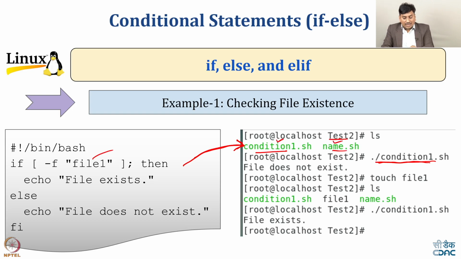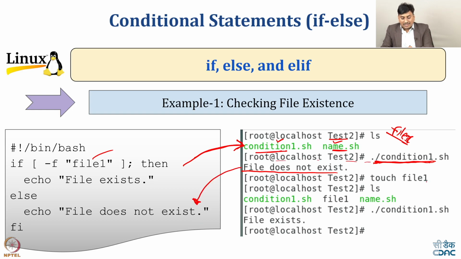So when I run this script, it says that file does not exist. That's because in the very first case, when I ran this program, it went into this section and gave this result.